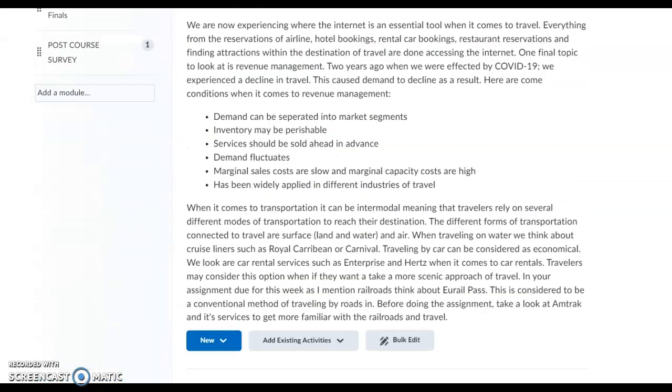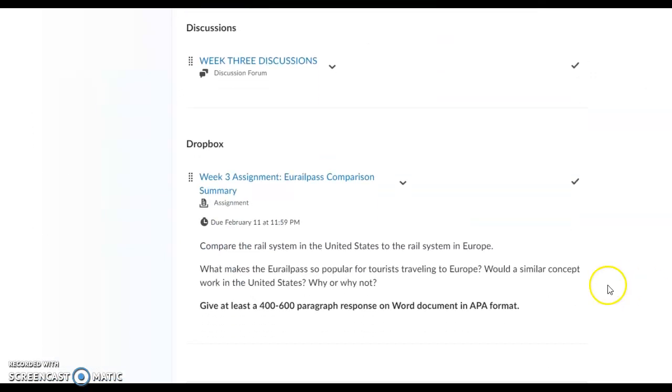Your assignment is regarding the European travel system when it comes to the rail system. I want everyone to look at the Eurail pass and give me a 400 to 600 word paragraph response.